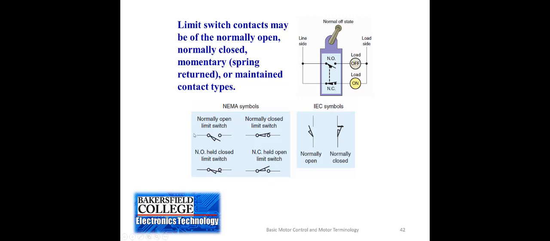So you're going to have to be able to distinguish between a normally open and a normally closed held open. They look very similar, but notice that the levers are on the opposite side. And differentiate between normally closed and normally open held closed. Again, the lever is on the opposite side.